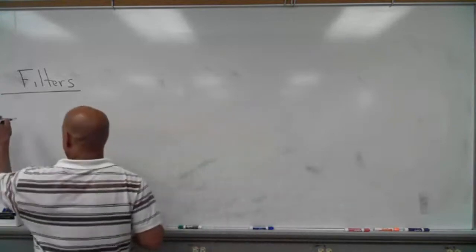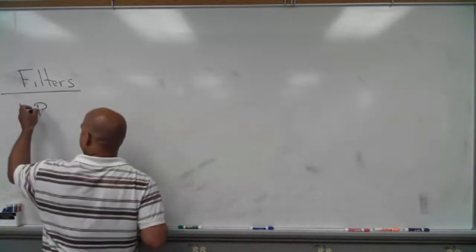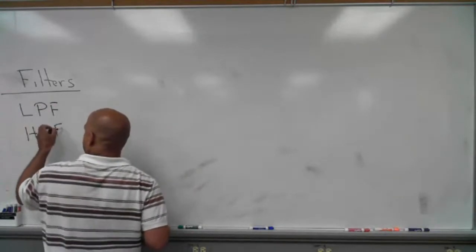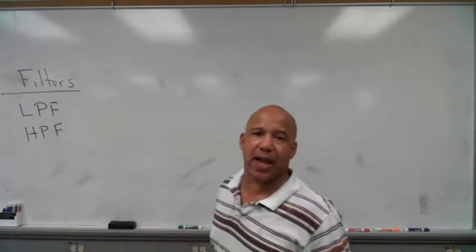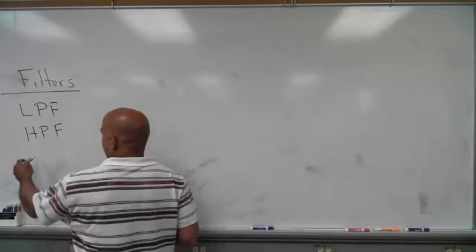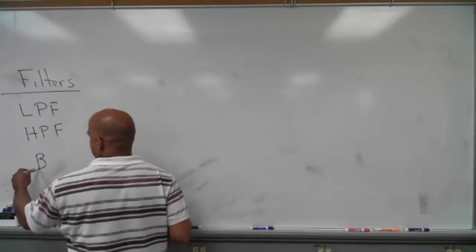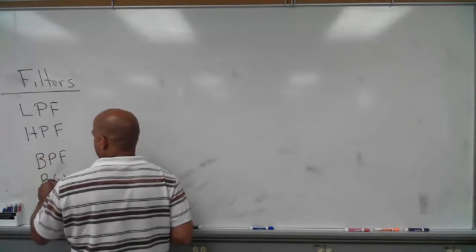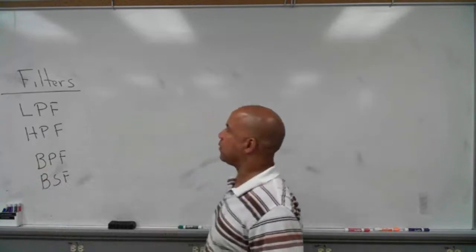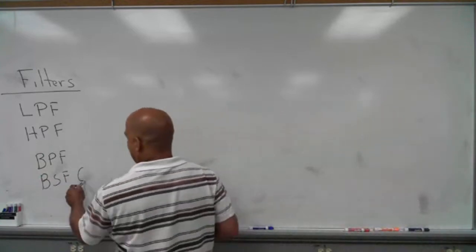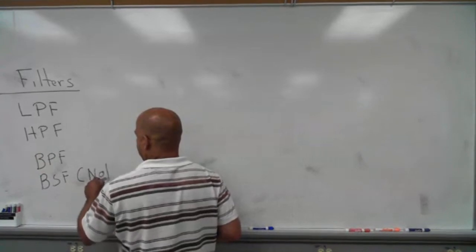The basic filters, low pass filter and the high pass filter, and then the derived filters, the band pass filter and the band stop filter. The band stop filter is also called a notch filter.